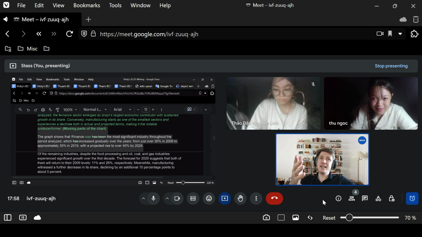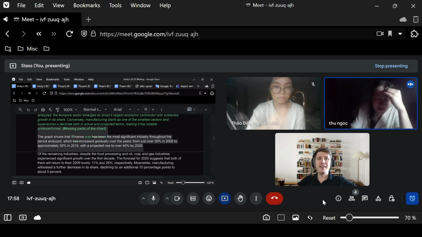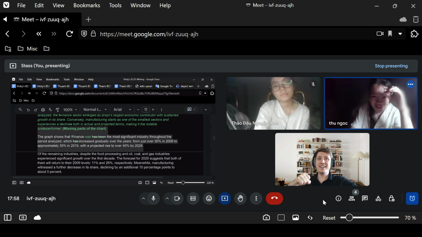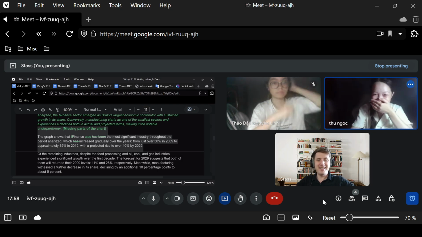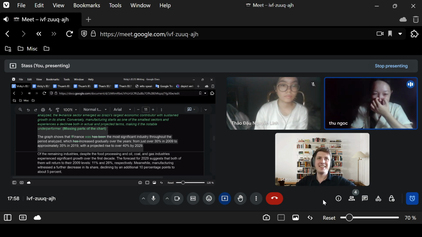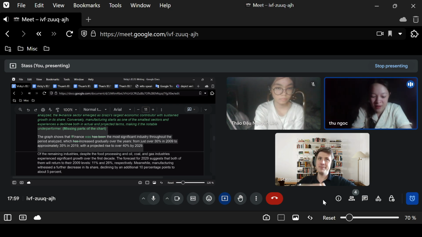I separated it into two graphs because in the first body graph I mentioned both the three years, but in the second graph I wrote only about 2029.